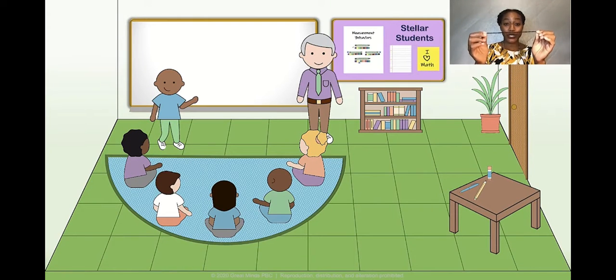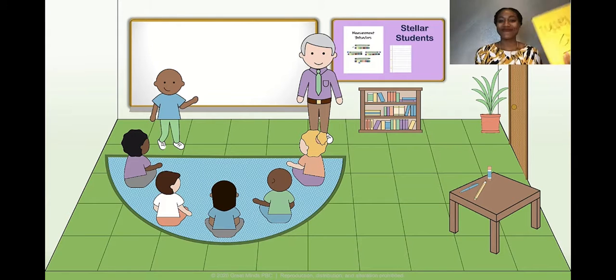I'm going to use the string I cut to see if it's longer or shorter than the paper. Let me just grab that off the board. And mathematicians, what do I need to do to make sure we have an accurate comparison? I remember, yes. We need to make sure that we line up the endpoints just like we learned.